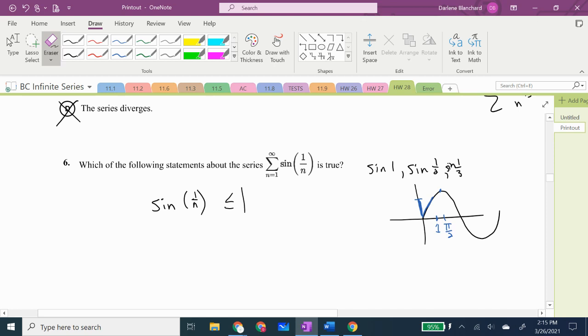I'm beginning to think about how I'm going to compare this. Now, they only gave me two options. I'm going to compare it either to 1 over n, or to n. Let's say I compare it to n. Who's bigger, n or a number that is shrinking to 0?